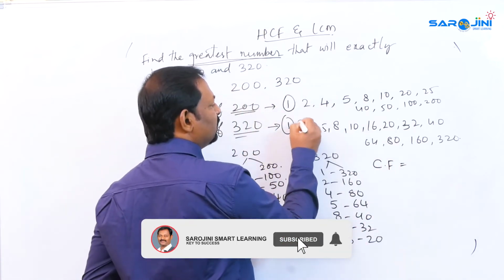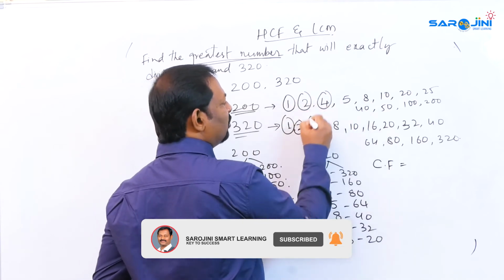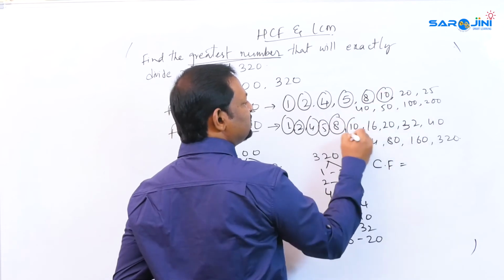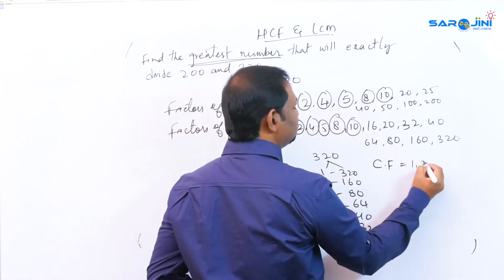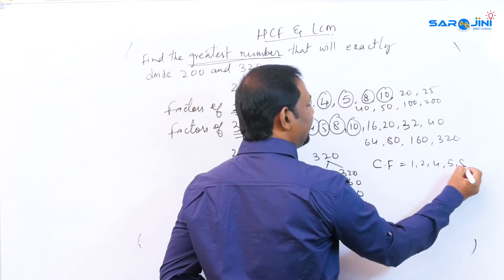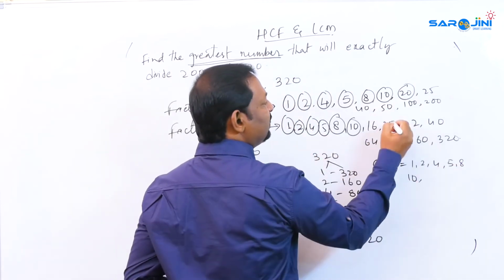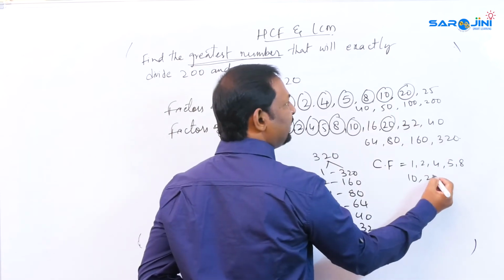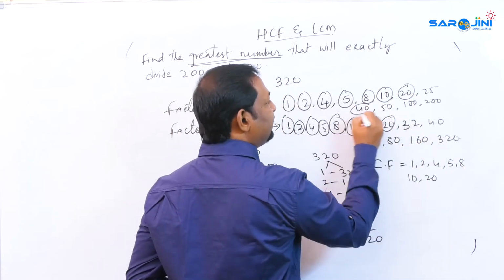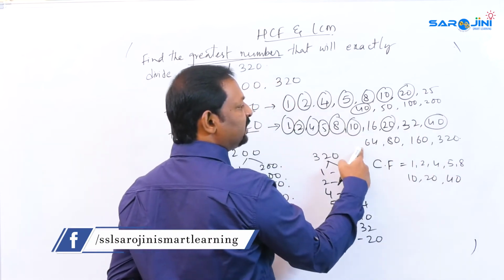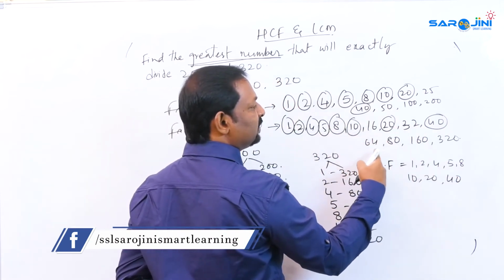1, 2, 4, 5, 8, 10, and next 20, write down 20. 25 is not there. Then 40, you can write down 40. 50 is not there, 100 is not there.